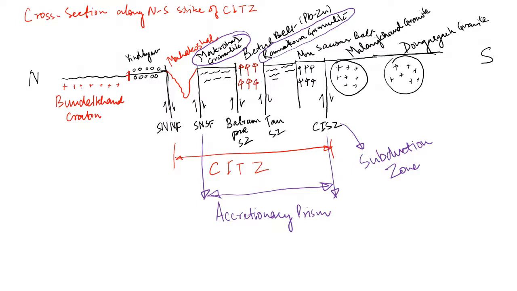So if we try to draw a line diagram, then it would look somewhat like this.